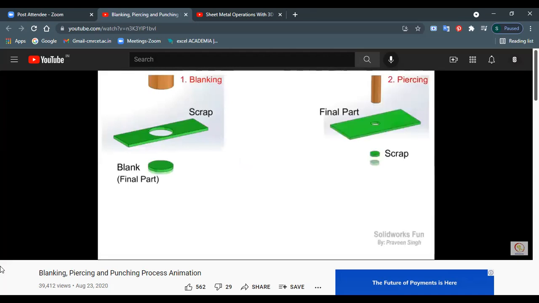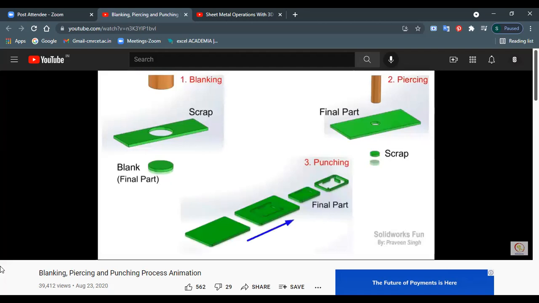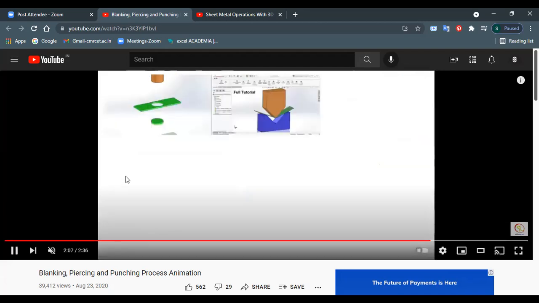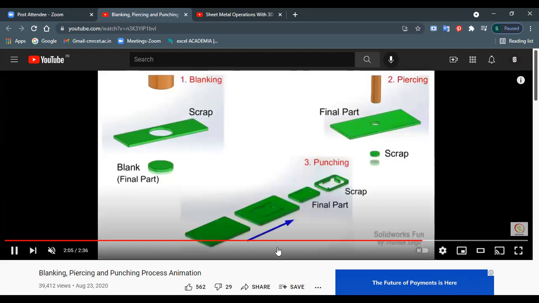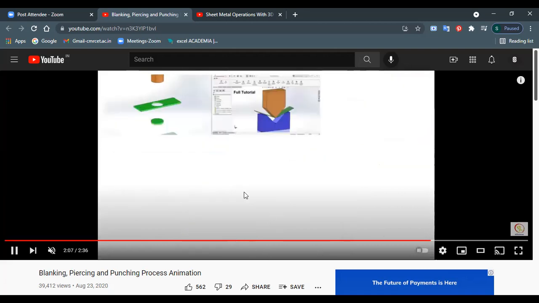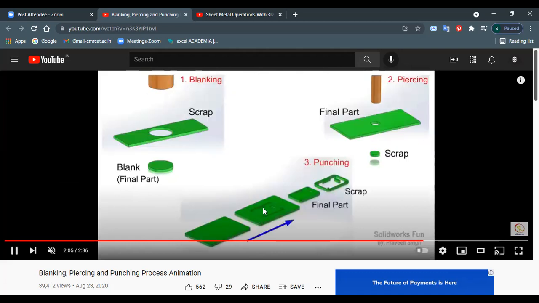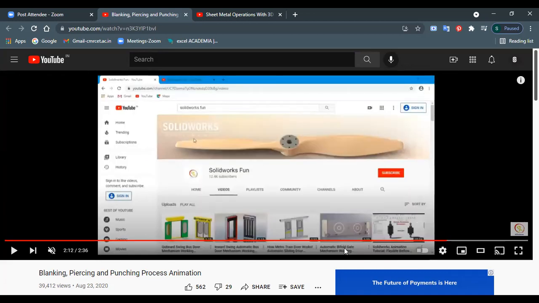This is a summary, you can call it, of the video. So from this sheet, we had removed this part, and then the outer profile becomes a scrap. The middle one, this one, and the outer profile. So that's more like piercing, as was said in the video. I hope that is clear.